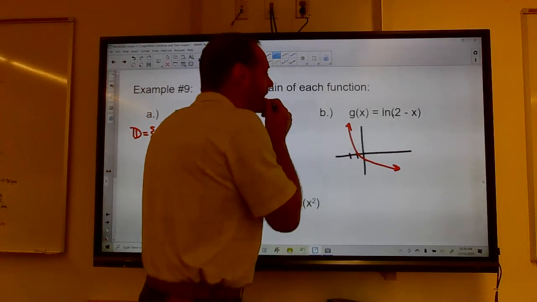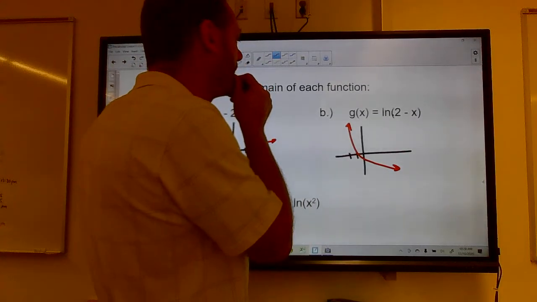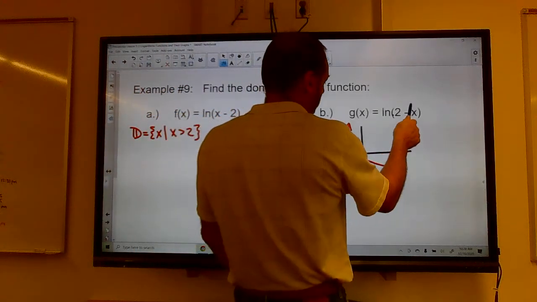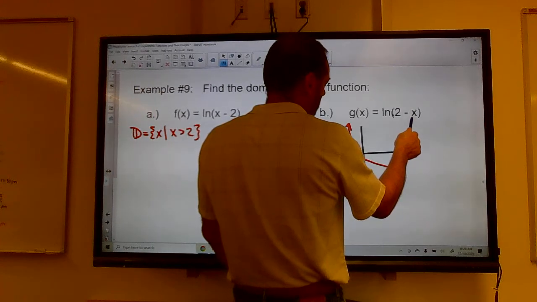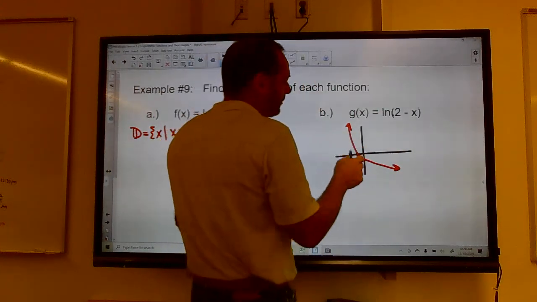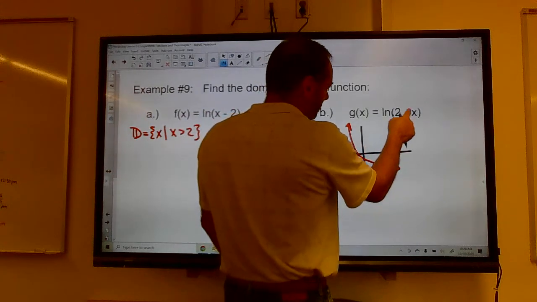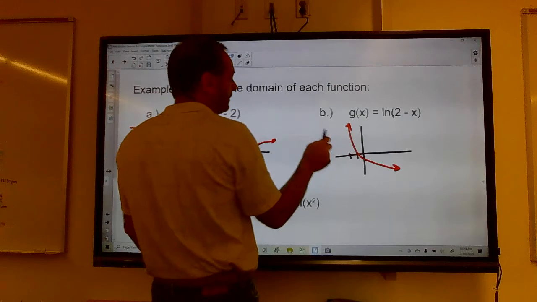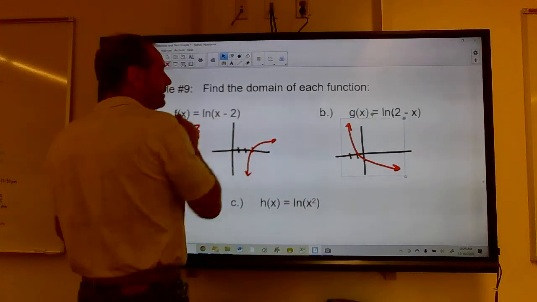So, wait. If I put in, yeah, I can put in 1. Hang on, I've got to think about this for a second. So, let's see, this has to be positive. So 2, no, this is wrong. This graph is wrong.